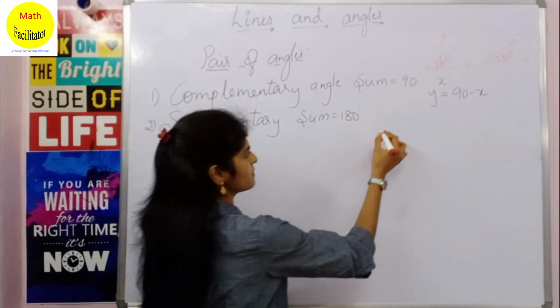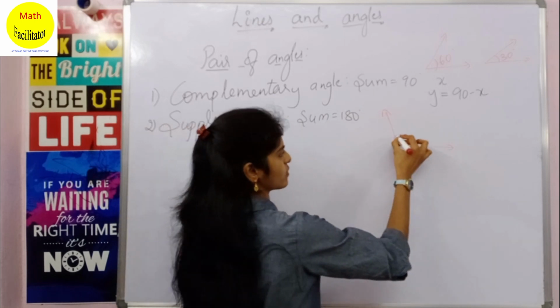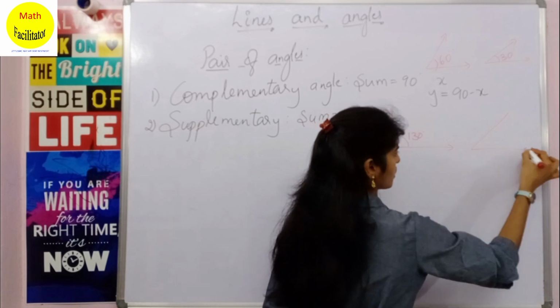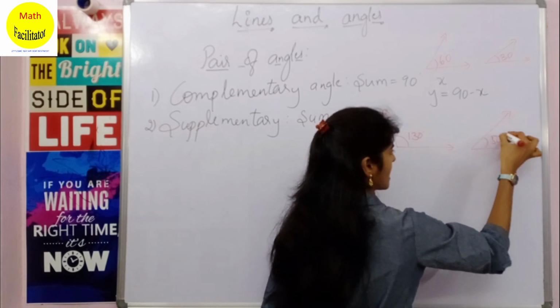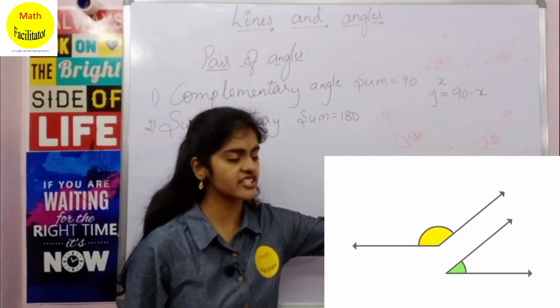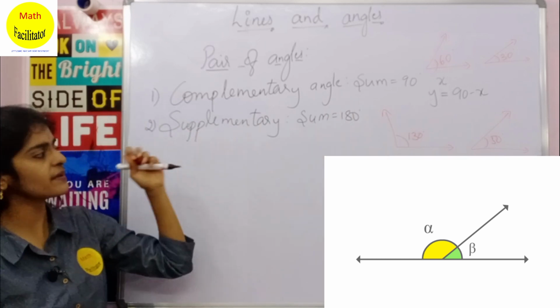For example, say this is one angle, 130 degrees, and you have another angle, 50 degrees. Now what is the sum of these two angles? It's 130 plus 50, which is 180. So these two angles are called supplementary angles.